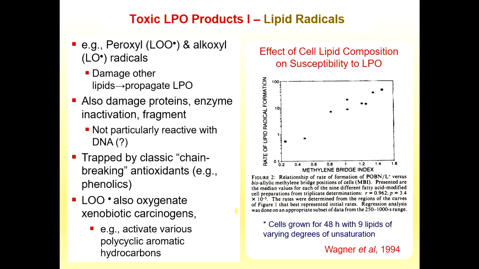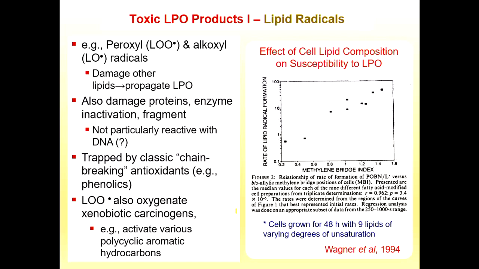But those peroxyl radicals formed during that initiation stage of lipid peroxidation are very important to amplifying membrane damage, but they probably aren't major players in causing cellular injury. They may damage proteins and enzymes. Maybe they react with DNA. We used to work on that for a while, but I don't think they're especially reactive.